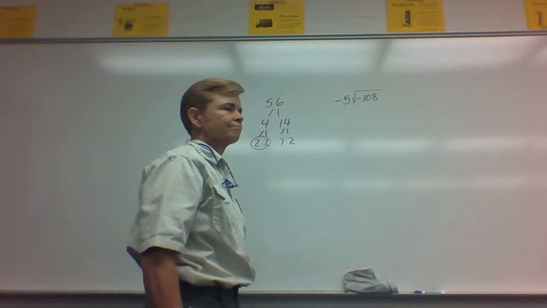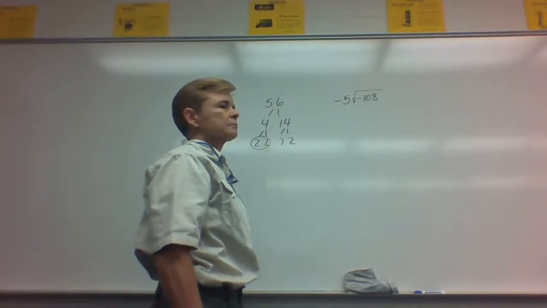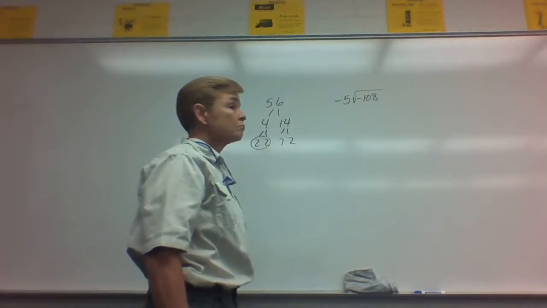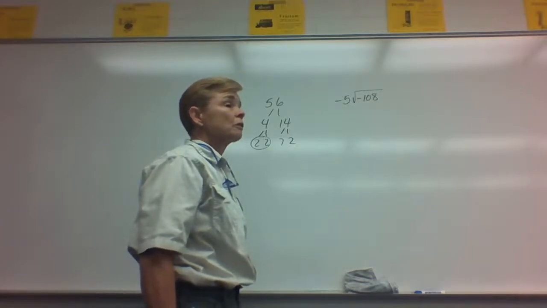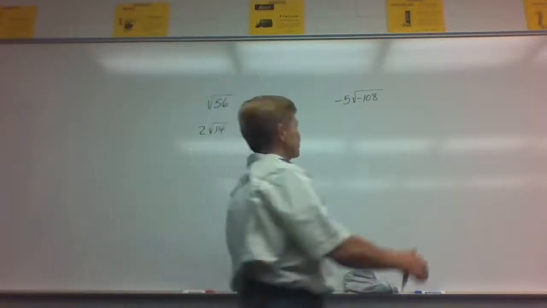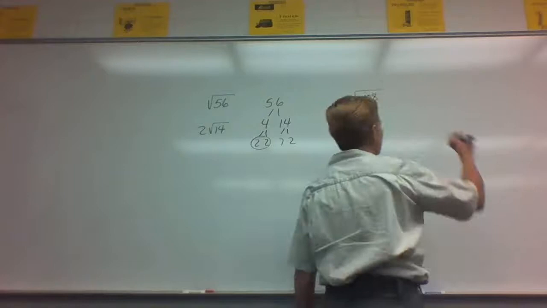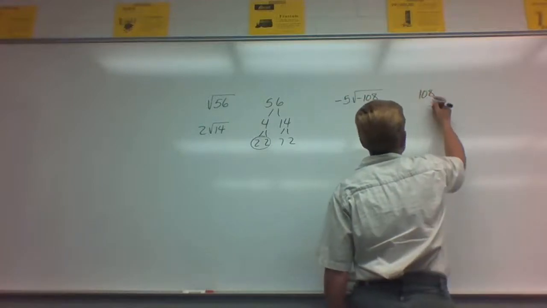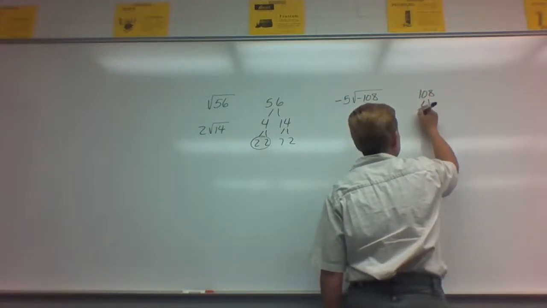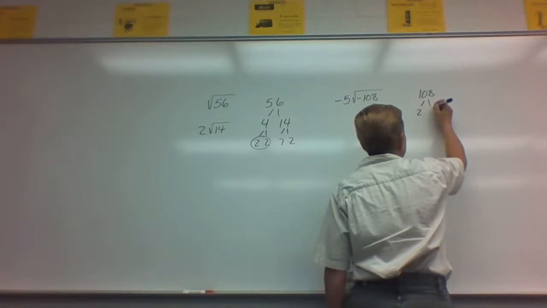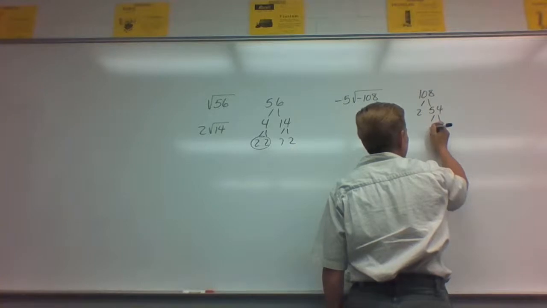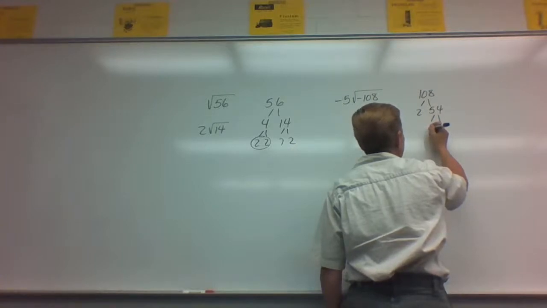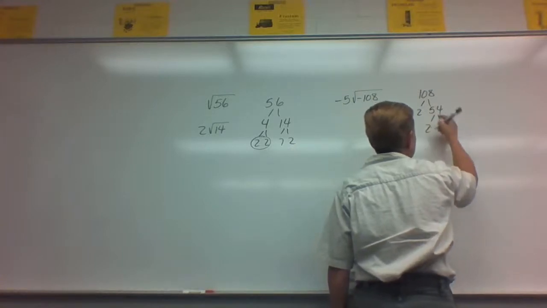What should we do? What's the first thing you'd do? Make a factor tree or whatever. Good. Excellent. You make a factor tree for 108. 108 is not a perfect square, but at least 2 will go into it. How many times? 54. Can you think of anything that multiplies to be 54? Okay, 2 and 27 because it's even.